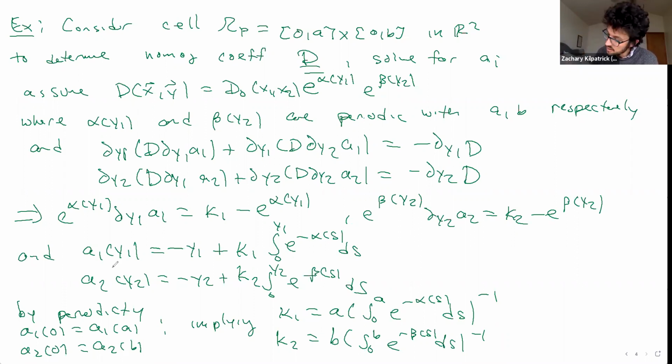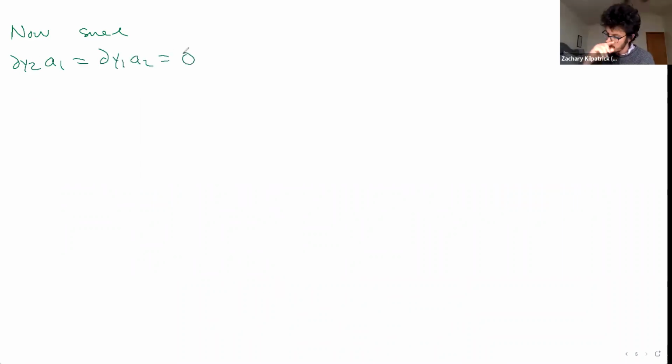Okay, so now we have these A's, which we can use in our formula for the effective diffusion coefficient. And now since dy2 of a1 equals dy1 of a2 equals 0, so we don't have any cross terms owing to that separability, it follows that d12 and d21 are equal to 0.